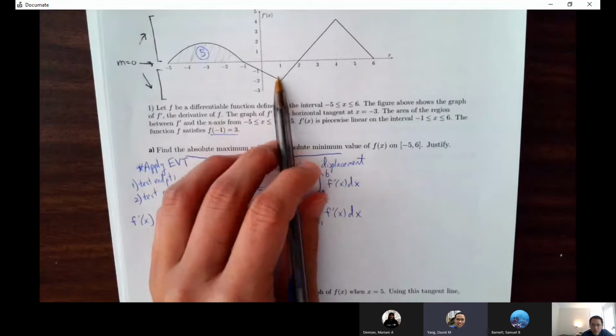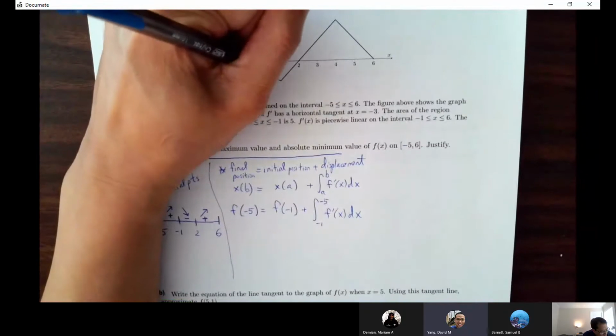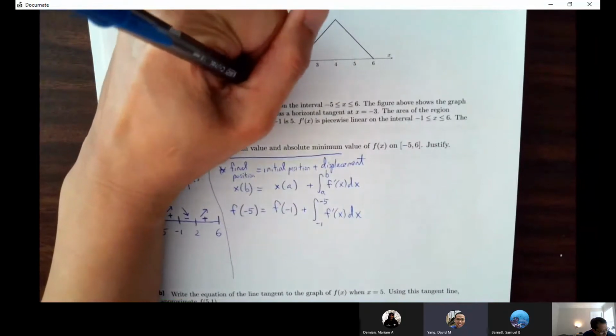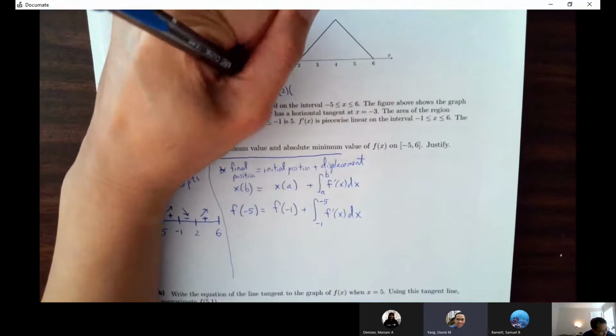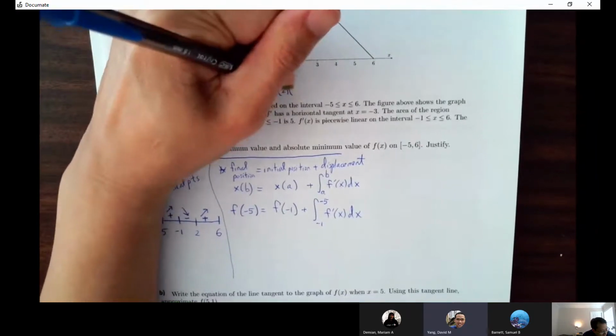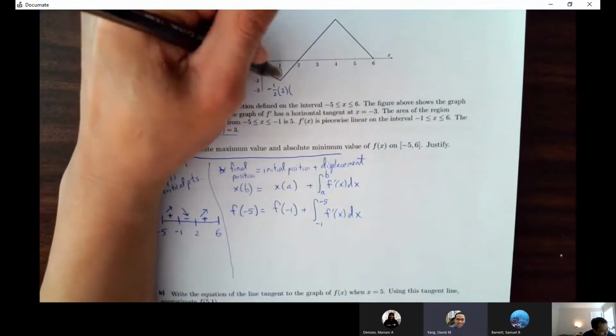So that's 3 times 2, that's 6 divided by 2, which is 3.